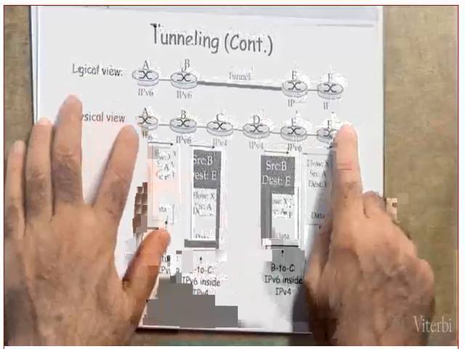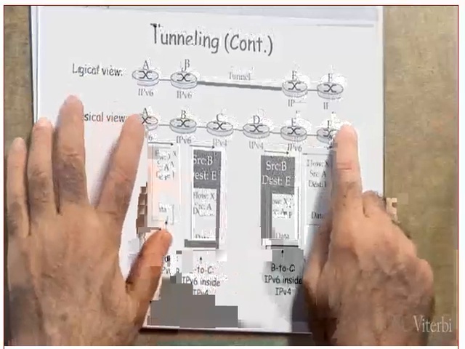Now addressing in IP version 6. This is the site address. I want you to think about the site address as a network address, the organization address. This is the site address.